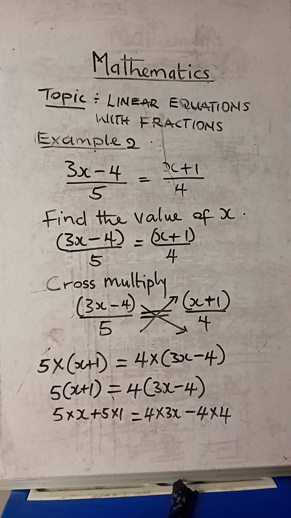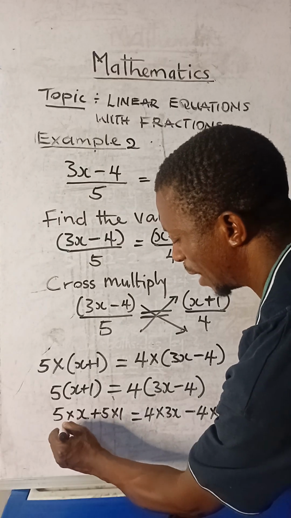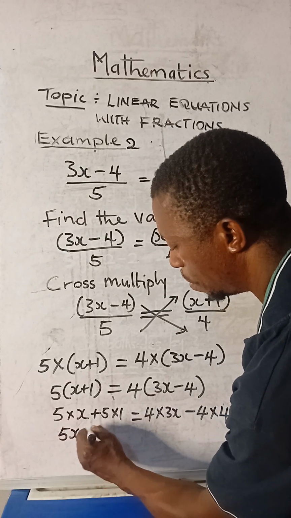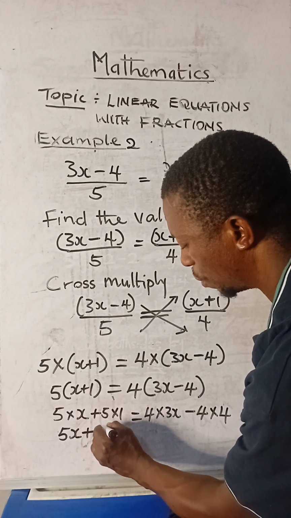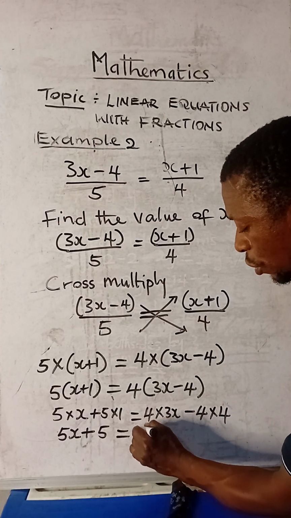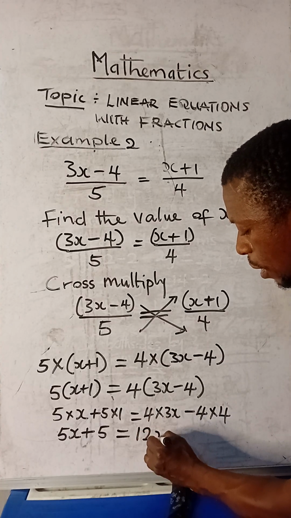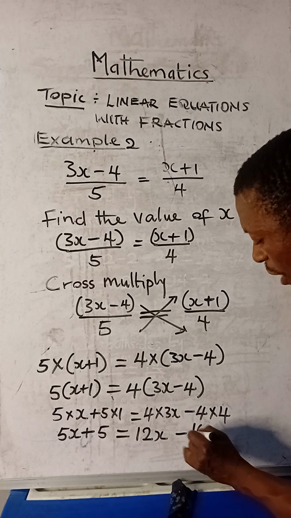Good. That's so simple. Now, what we do next is to sort out what we have just done. 5 times x will give us 5x, plus 5 times 1, that will give us 5. That equals 4 times 3x, that will give us 12x, minus 4 times 4, that will give us 16.